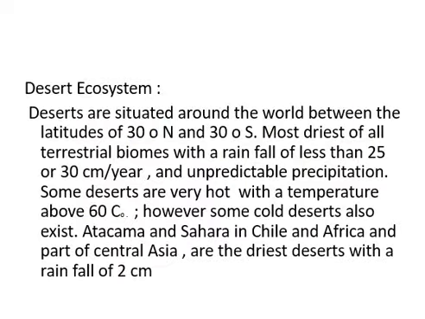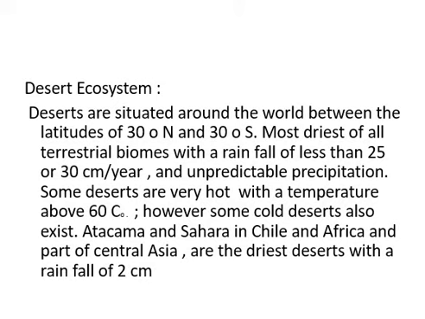Now we see what is a desert ecosystem. Well, students, deserts are situated around the world between the latitudes of 30° north and 30° south. They are the driest of all terrestrial biomes, with a rainfall of less than 20 or 30 centimeters per year, and unpredictable precipitation.